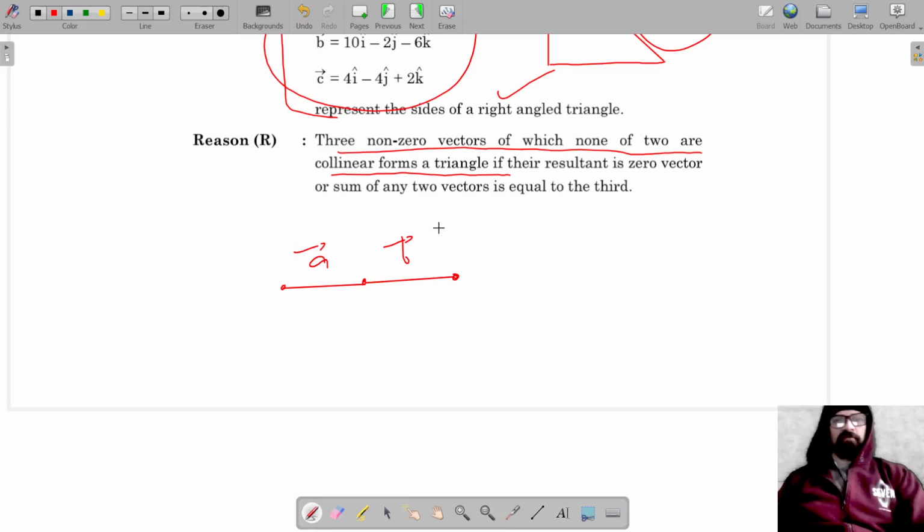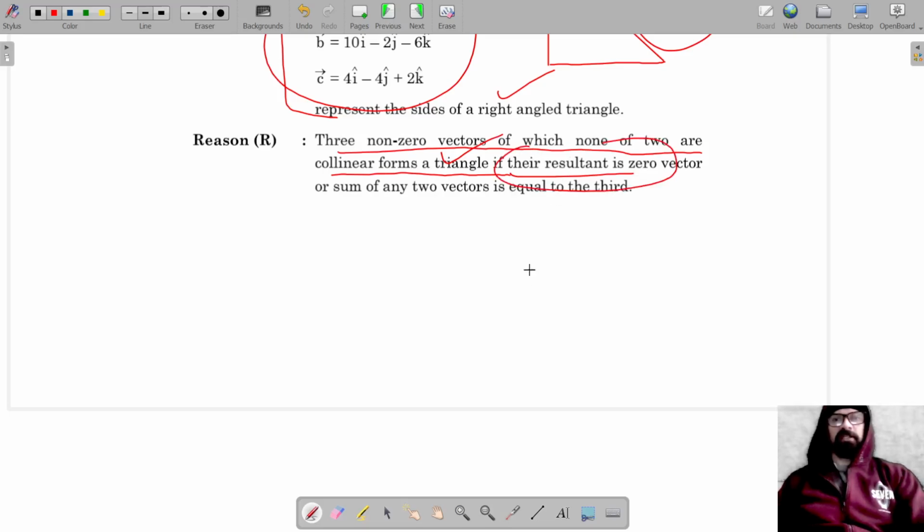If two vectors are collinear, and you take a third vector in any direction, that's not going to form a triangle. So none of two should be collinear, but then they will form a triangle, which is true.